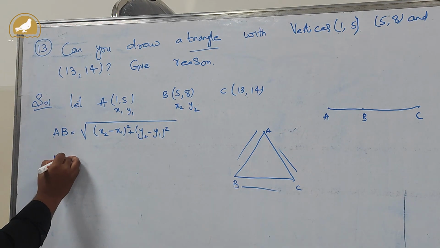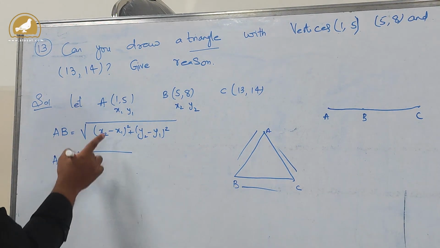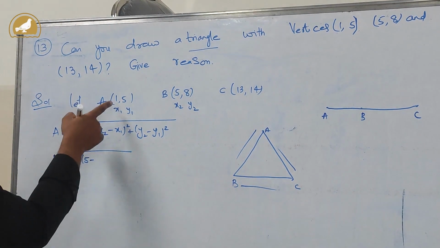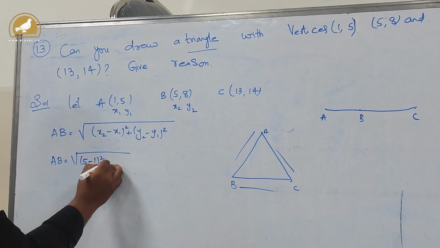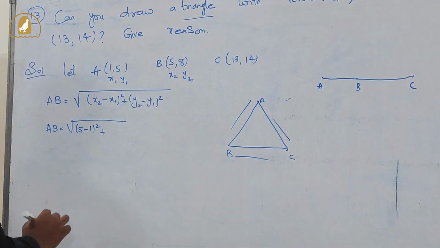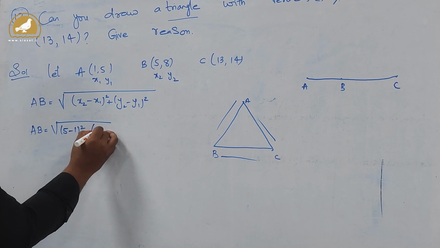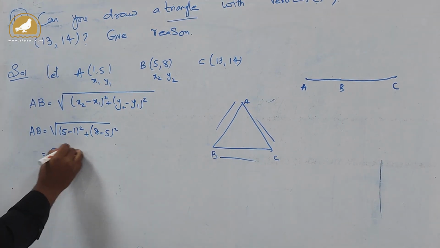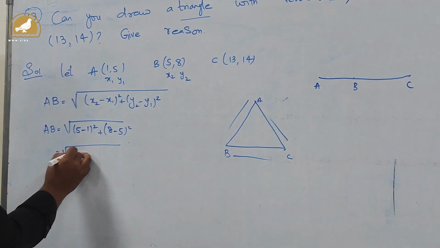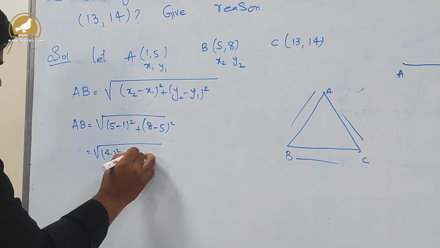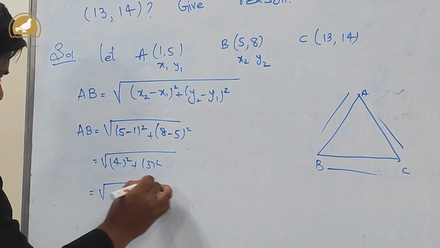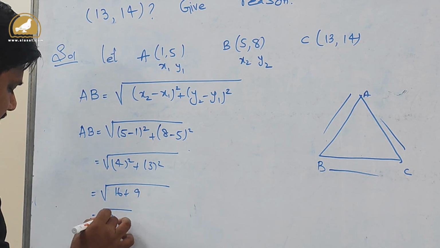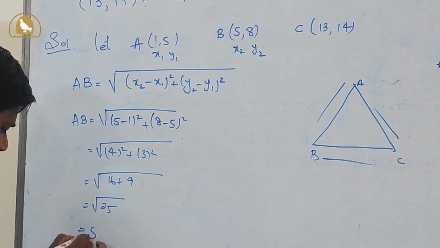Substituting in this formula, AB is the square root of (5 minus 1) square plus (8 minus 5) square. 4 square is 16, 3 square is 9, 16 plus 9 is 25, and root 25 is 5.